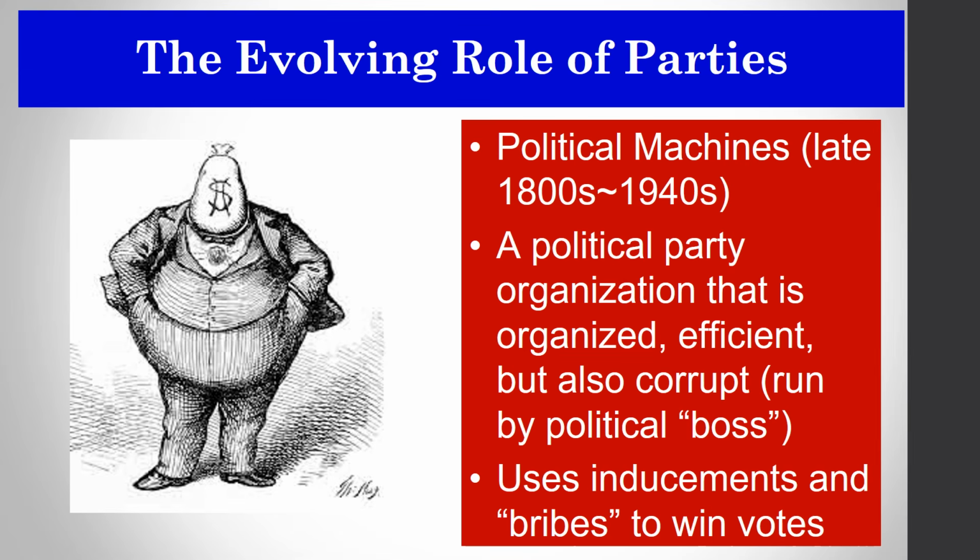So we already discussed this before, where we said in the late 1800s and early 1900s we had the dominance of the political parties. The parties were at the height of their power, and there were these political machines in place, which basically refers to an organization that is organized, efficient, but also corrupt.